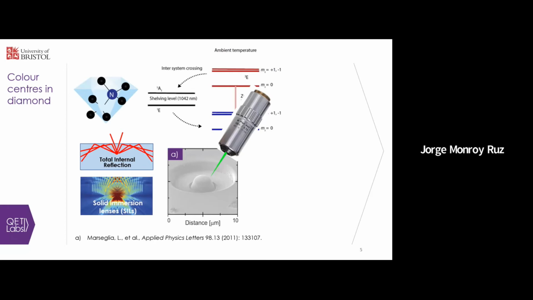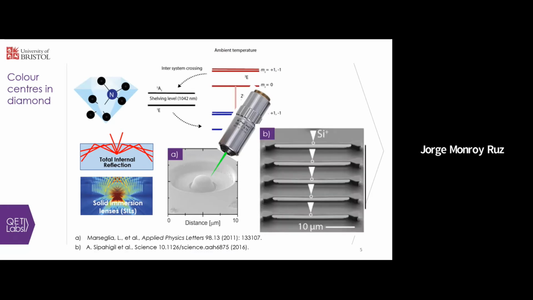That's not the only way. People at Harvard have shown amazing devices where they undercut diamond and suspend nanobeams to create 1D diamond cavities with color centers in the middle. However, I think it's debatable how scalable this is.